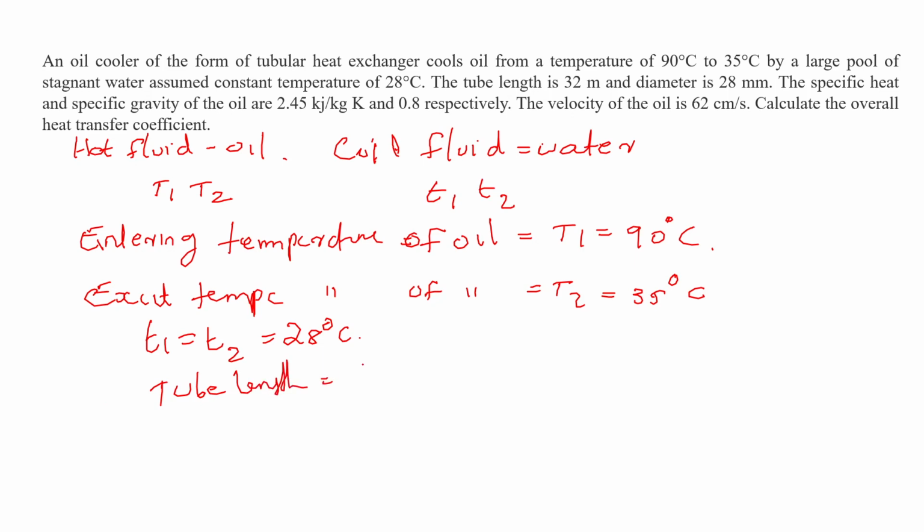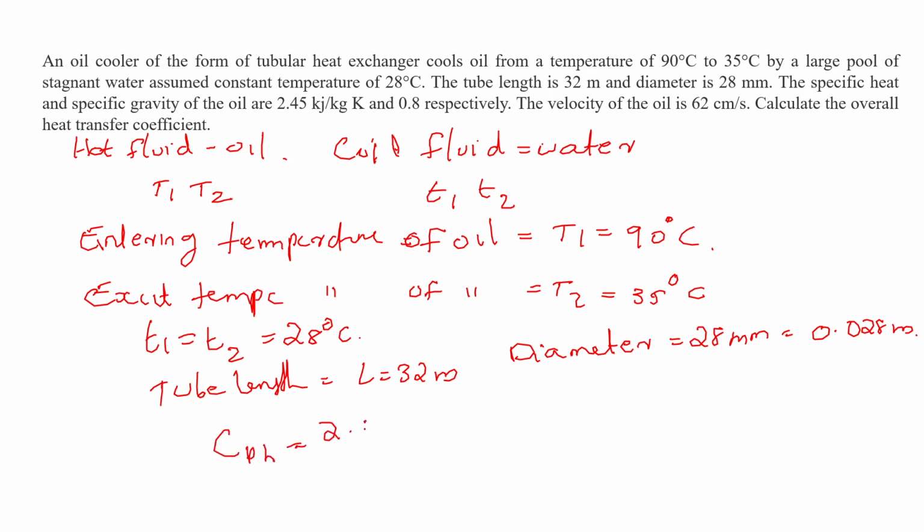Now the tube length is also given, L is equal to 32 meter, and the diameter is also given, 28 millimeter, which means 0.028 meter. Now specific heat capacity CPH is also given, 2.45 kilojoule per kilogram Kelvin.